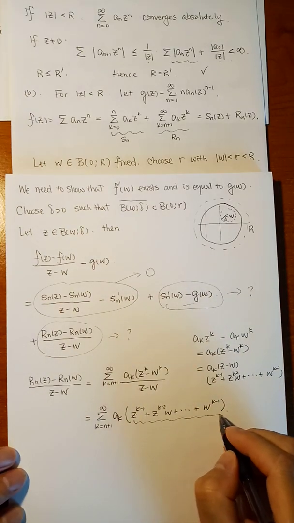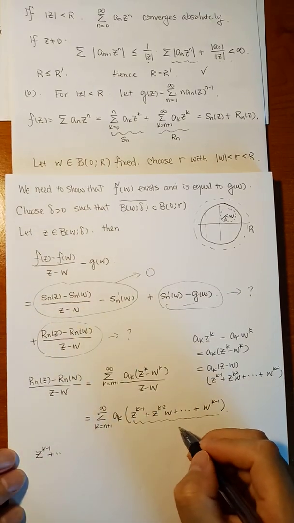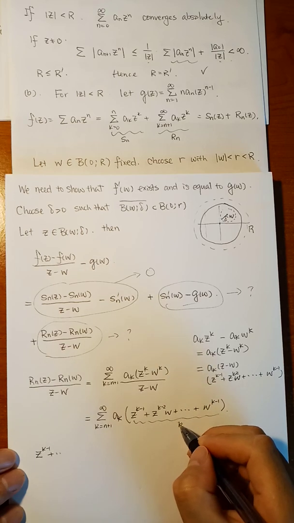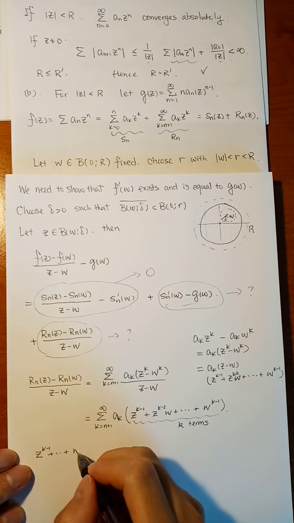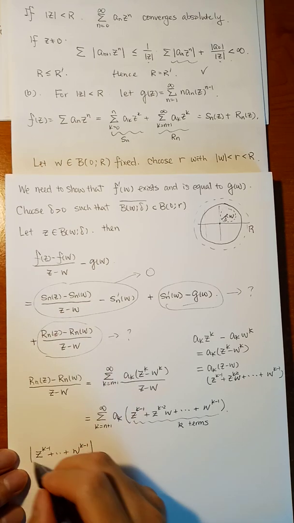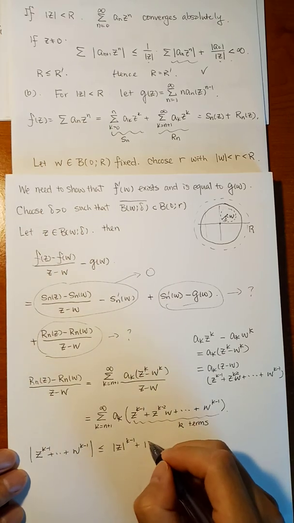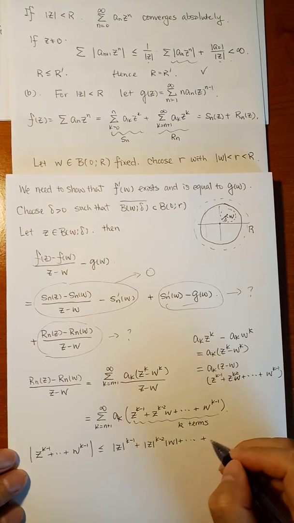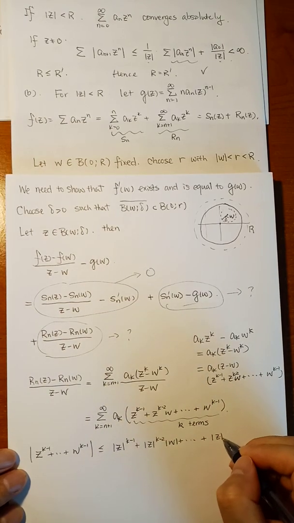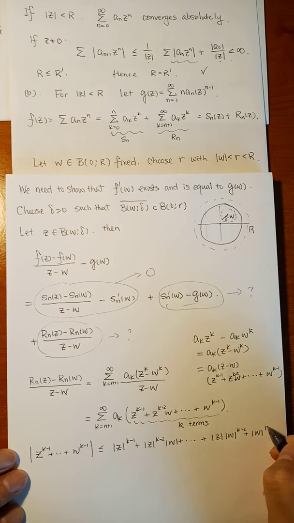This part, how many terms? There's k terms. By the triangle inequality, it's at most absolute value of z to power k minus 1, plus absolute value of z to power k minus 2 times absolute value of w, and so on, plus absolute value of w to power k minus 1.